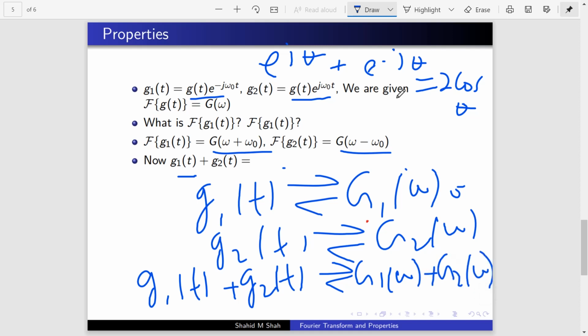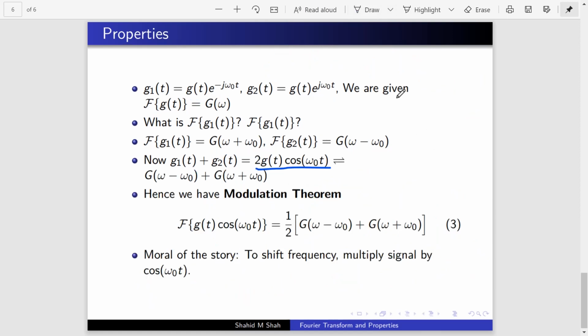Very basic property. It is linear. We call it superposition property also. Okay, now if you see that, then the Fourier transform of the sum of g1 of t, g2 of t will be the sum of Fourier transforms of this and this, which was g of omega minus omega naught, g of omega plus omega naught. Okay, hence we can write the Fourier transform of g of t cos omega naught t.